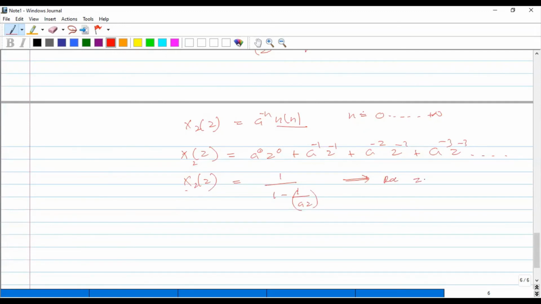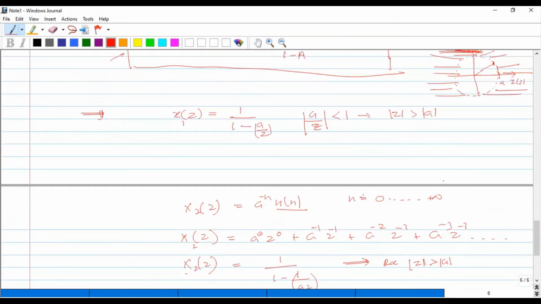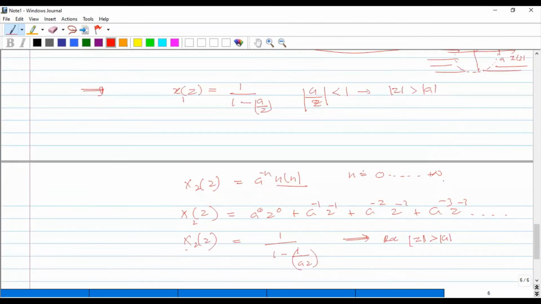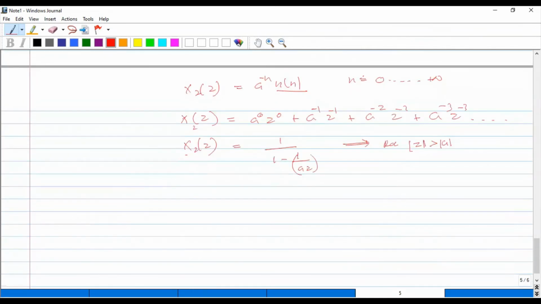In the previous case, the magnitude of z is greater than the magnitude of a. But here, instead of a we have 1 by a, so you can replace it here also.